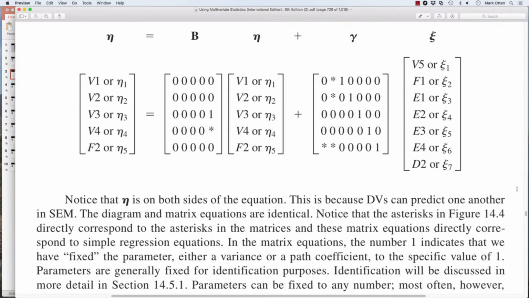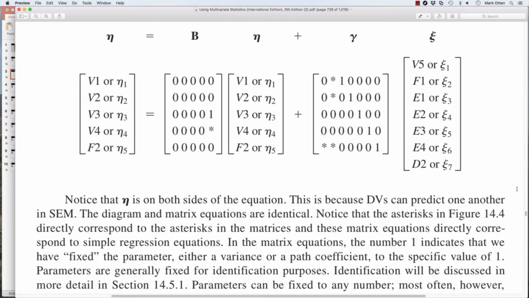Everything else is 0. So what does that mean? That means that V1 is unrelated to all of the other DVs, V2, V3, V4, etc. V2 is also unrelated to everything. V3 is unrelated to everything except F2. V4 is unrelated to everything except F2, and so on.